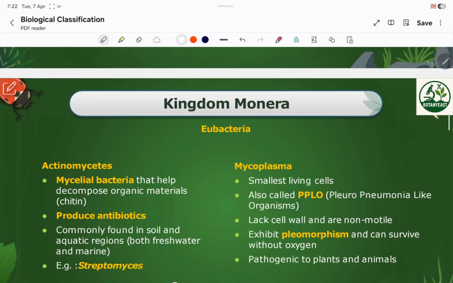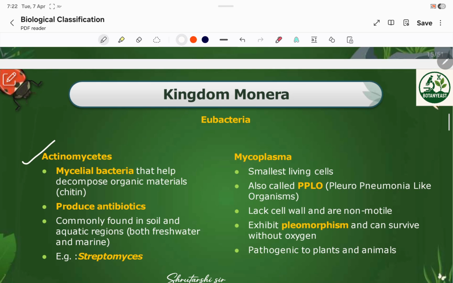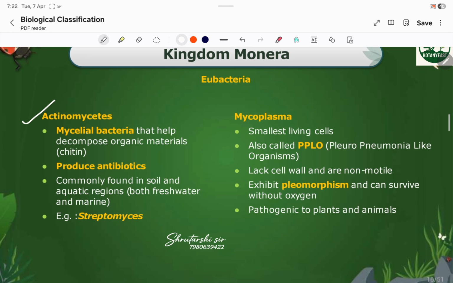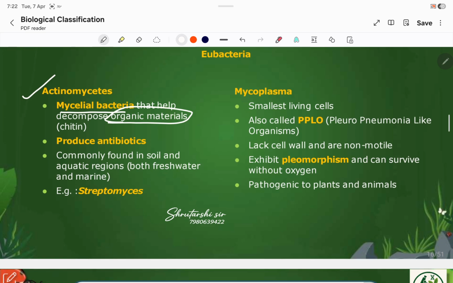Now comes the actinomycetes. These are mycelial bacteria that help decompose organic matter. They also produce antibiotics. Example is Streptomyces. And next comes the mycoplasma, which is very important.